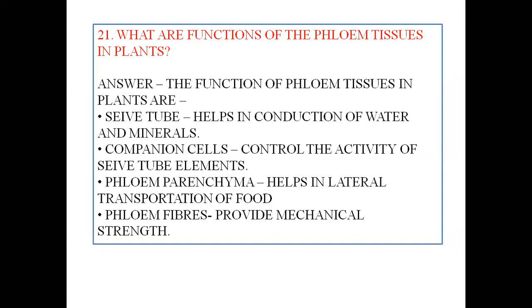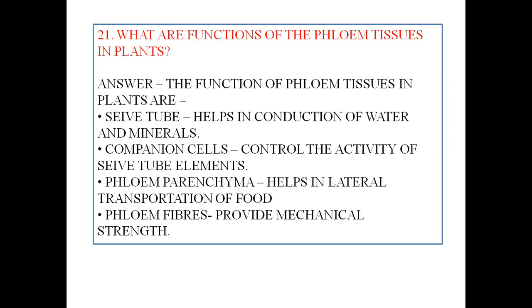Next is companion cell, which remains associated with the sieve tube and helps to control the activity of the sieve element. Next is phloem parenchyma. It mainly helps in lateral transportation of food. Remember students, parenchyma is a kind of plant tissue which is always associated with storage of food.